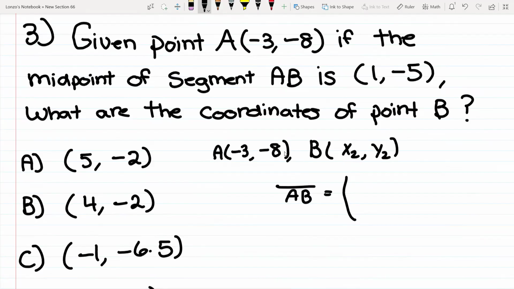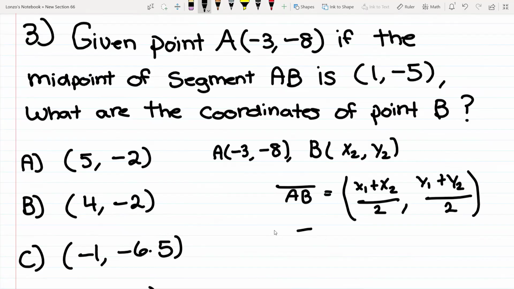So what is the midpoint? It's the average of the x's: x1 plus x2 over 2, and then y1 plus y2 over 2. They tell us that the midpoint of the line segment AB is (1, -5).